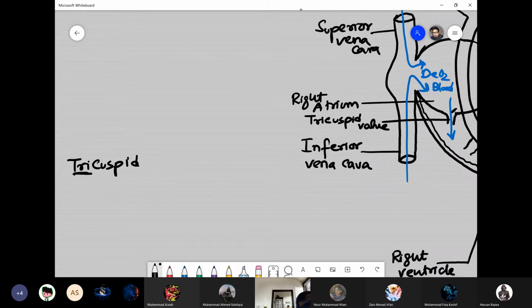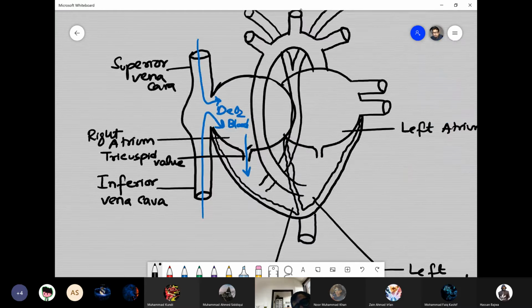The word tri means three. The word cusp means flap. So there are three flaps in this valve. If you see 1, 2, and 3, the third one I have shown in the form of a dash to show that this is a tricuspid valve.